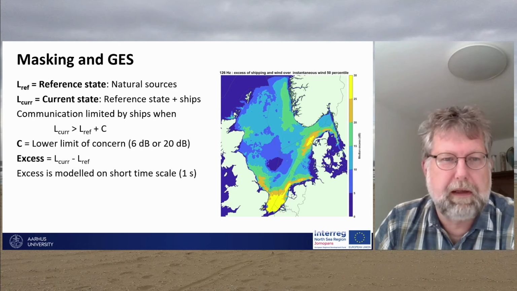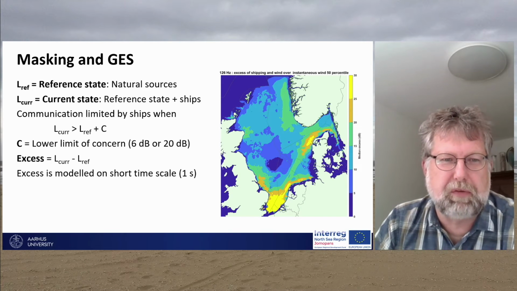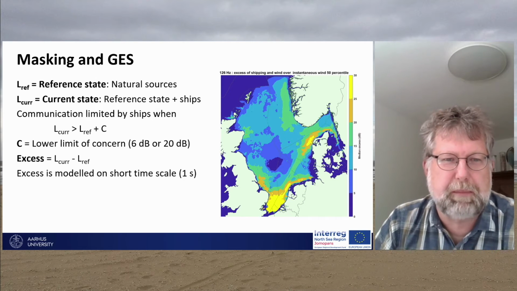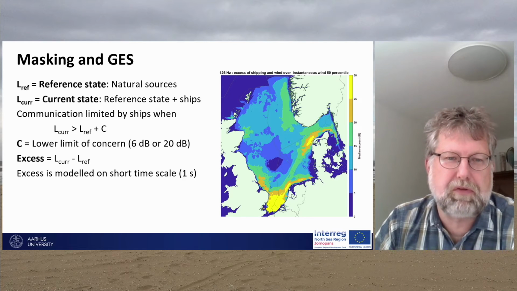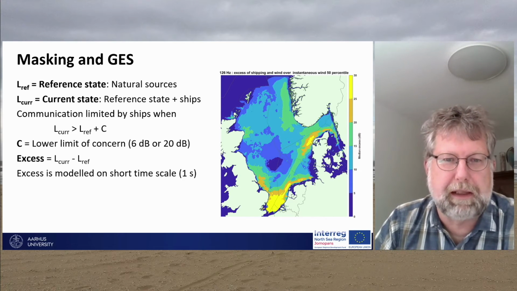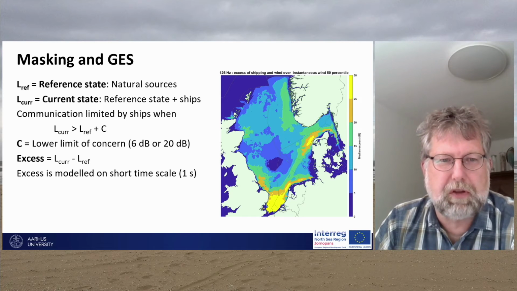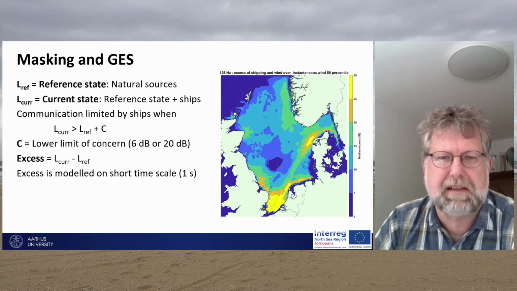This is closely linked to what we have defined as the excess, which is simply the difference between the current state and the reference state. So we can say that masking is a problem when excess exceeds this lower limit of concern, either 6 dB or 20 dB, depending on which map we're looking at. Excess here is modeled on a very short time scale. It's modeled on a 1 second time scale, as Chris was explaining.